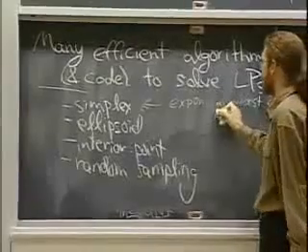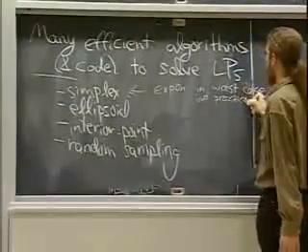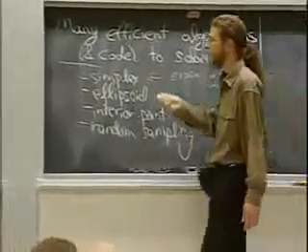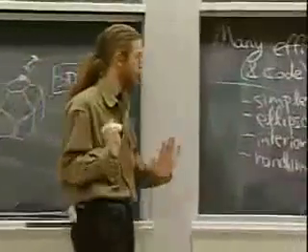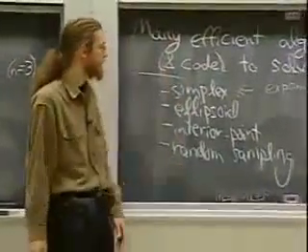But it's practical. There's actually an open problem whether there exists a variation of simplex that runs in polynomial time, but we won't go into that. That's a major open problem in this area of linear programming.